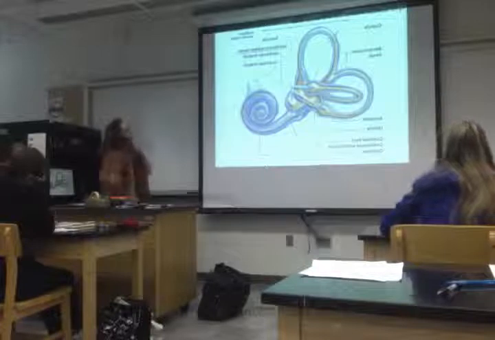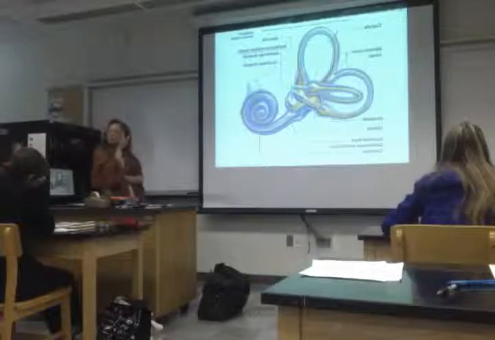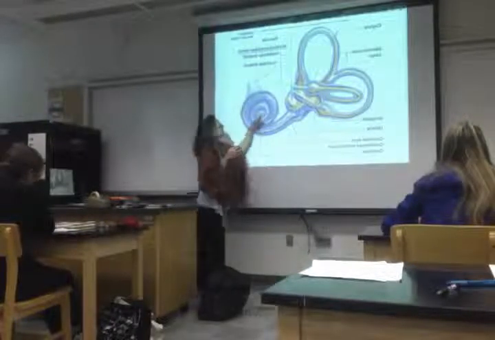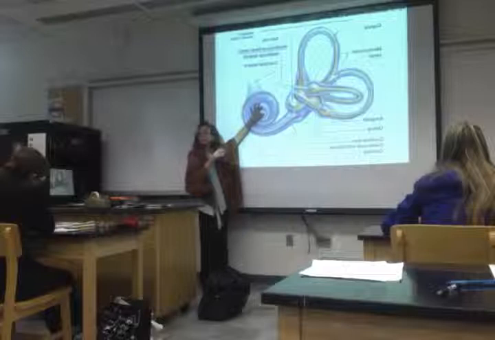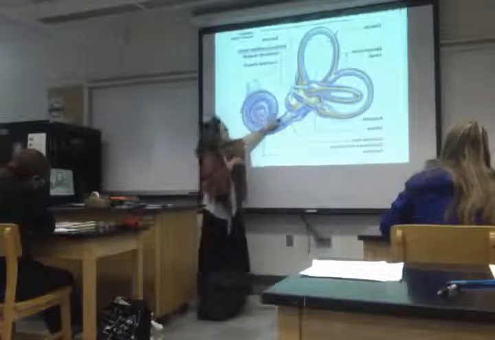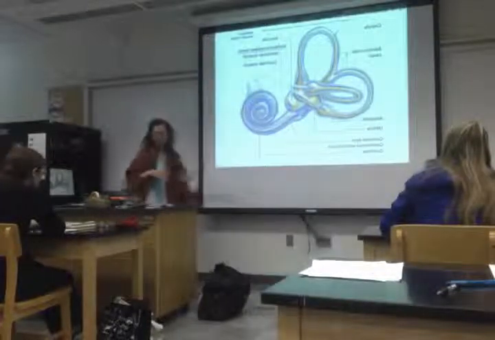So let's now review that anatomy for the vestibular apparatus. Let's see. So remember, cochlea, that's all hearing stuff. So we're kind of done with that. All right, but you see it's kind of continuous, all of this stuff, which is all of our vestibular stuff. So just review that.